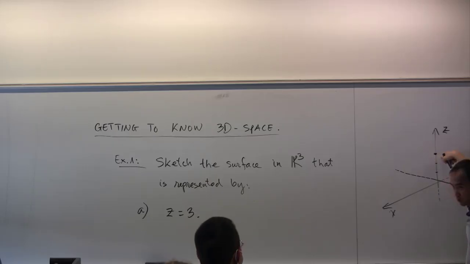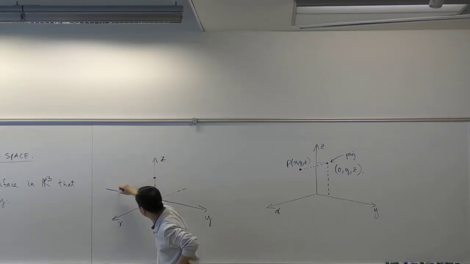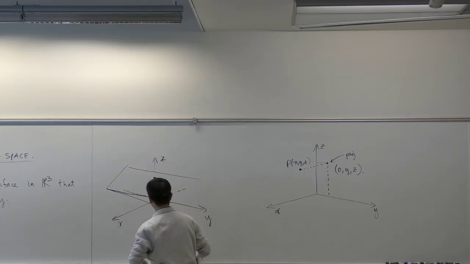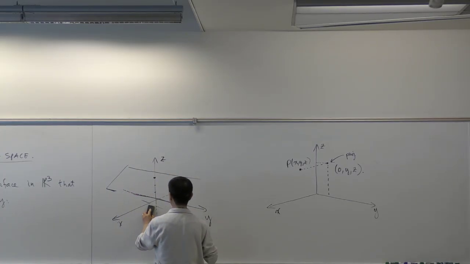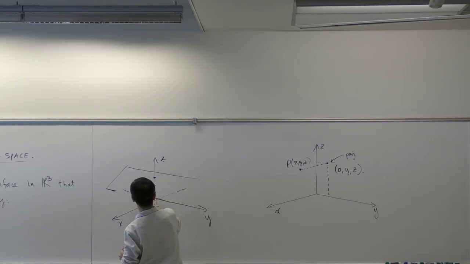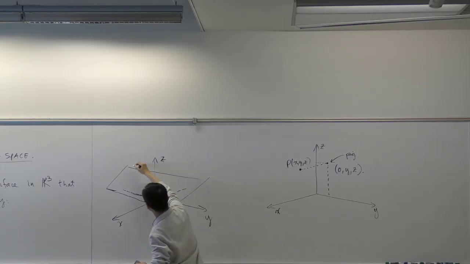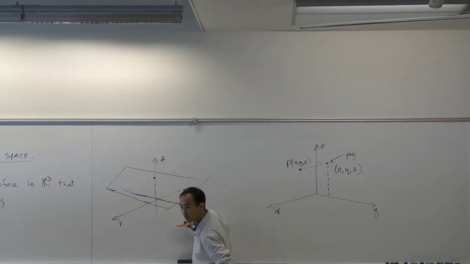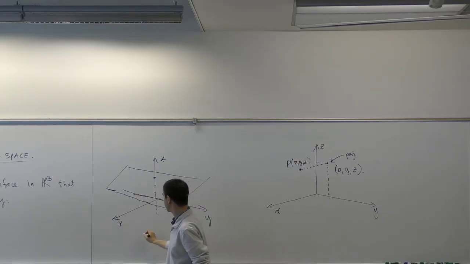But now it's not just one singular point. It's the whole plane parallel with the, you see, my drawing skill has reached its limitation. Forgive me on that, guys. But we have a whole plane with that. The plane is supposed to be parallel with the x, y coordinate here.